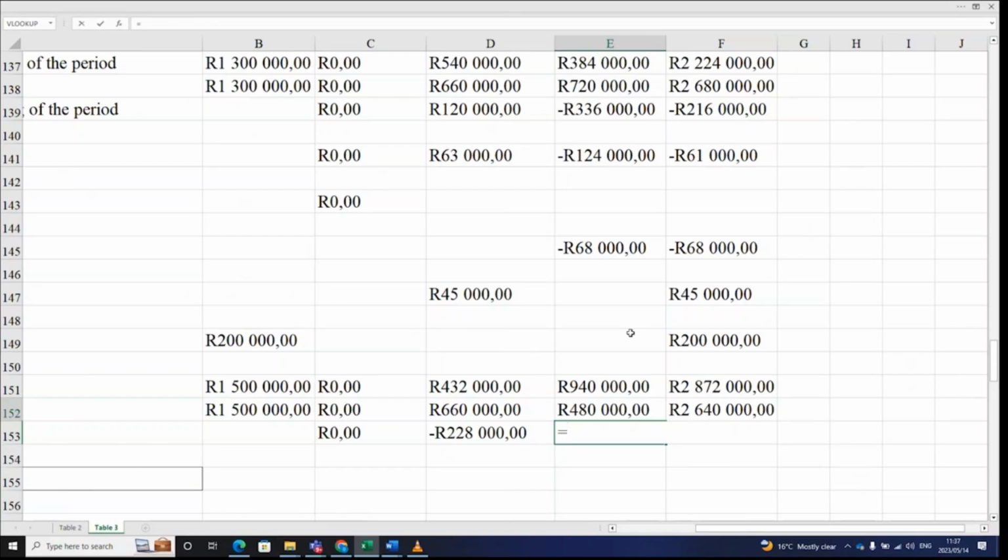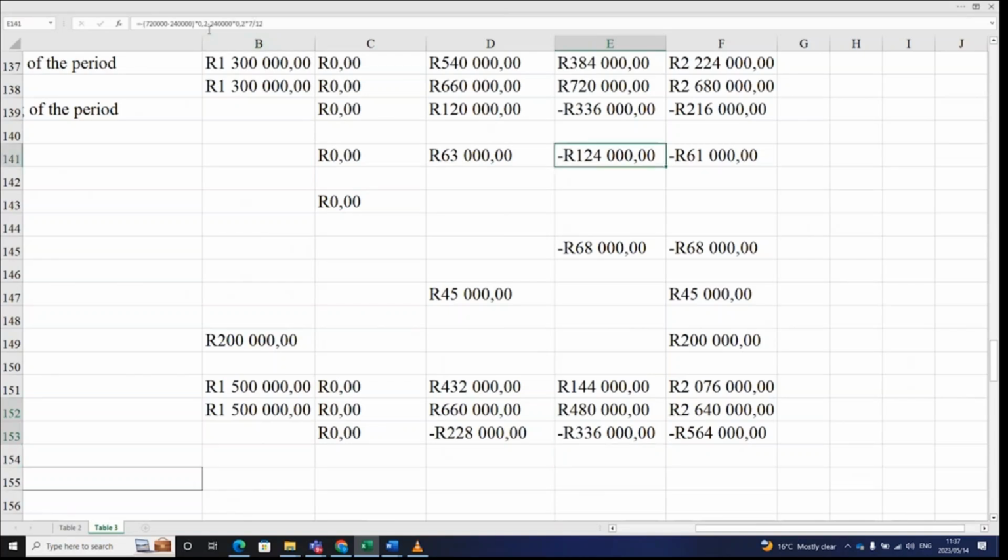So maybe at a starting point, say, at 336, which is the opening accumulated depreciation.